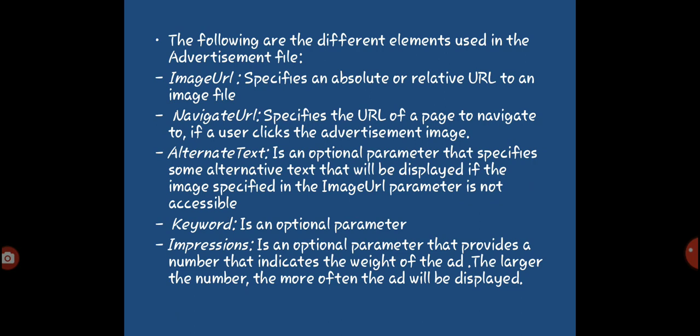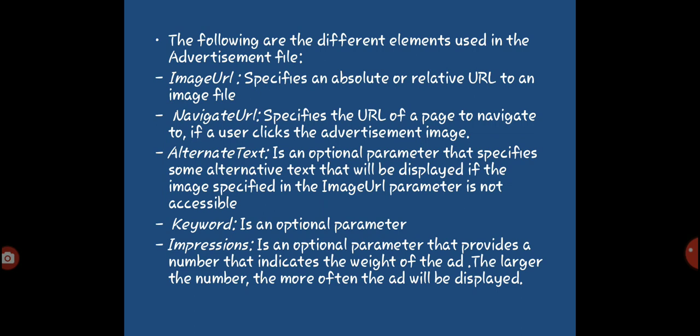AlternateText will be displayed if the advertisement image is not displayed for some reason. We know this from hyperlinks and images as well. If a particular thing is not displayed, the alternate text will come on the screen. And Keyword is optional.